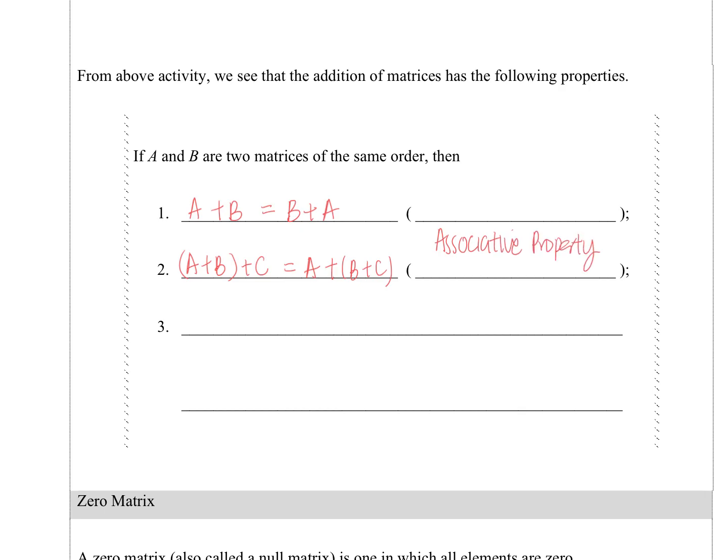I don't know why they need to break it into two. Then the third one, I don't know what they want you to conclude. It's the same thing. Both are associative.